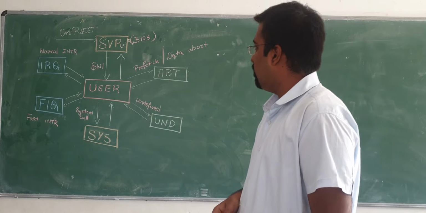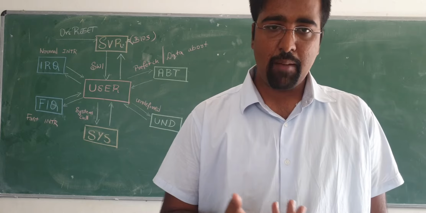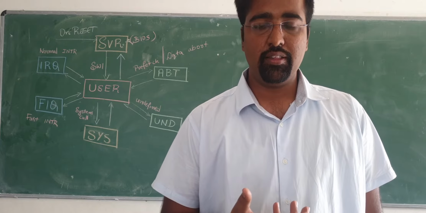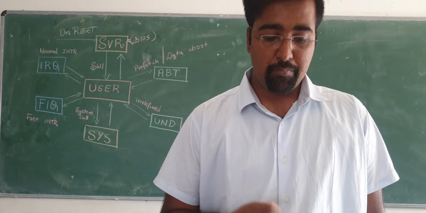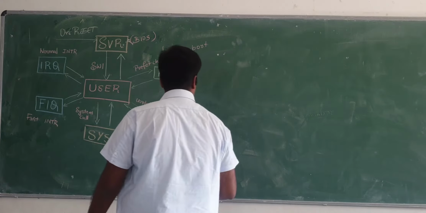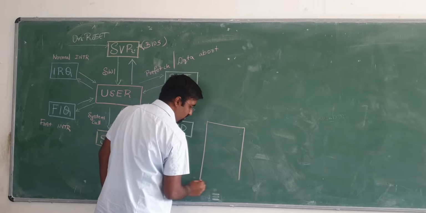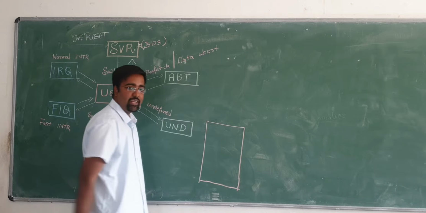Now we'll take up a small example. I have an application in my mobile phone or anything. Before that, I want you to know this concept. It's a small concept. Your memory consists of programs as well as data.